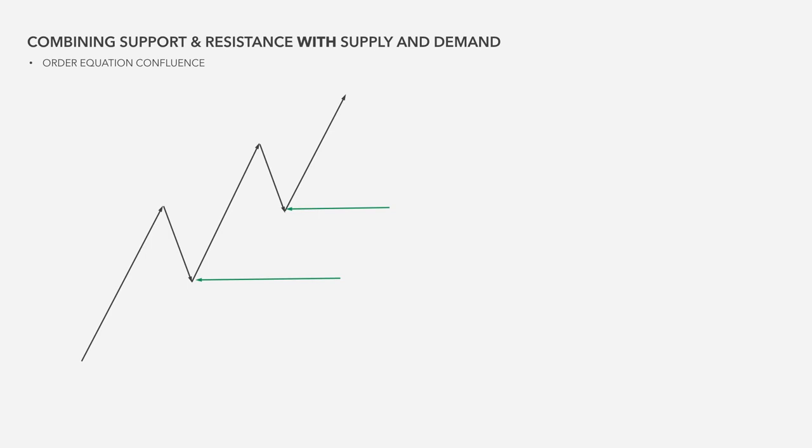And then what you want to do is, when prices come back down to this area, is combine that with previous support and resistance. So remember, this was a supply zone, yeah, which traders would call, you know, resistance.